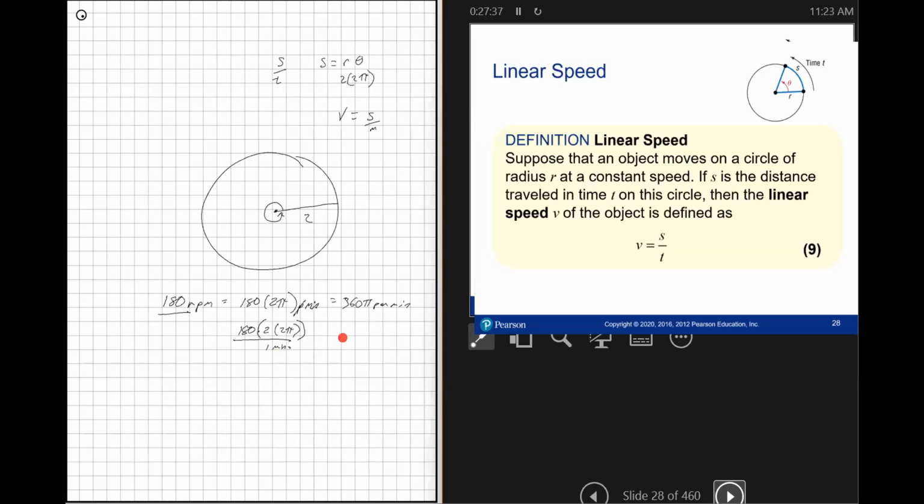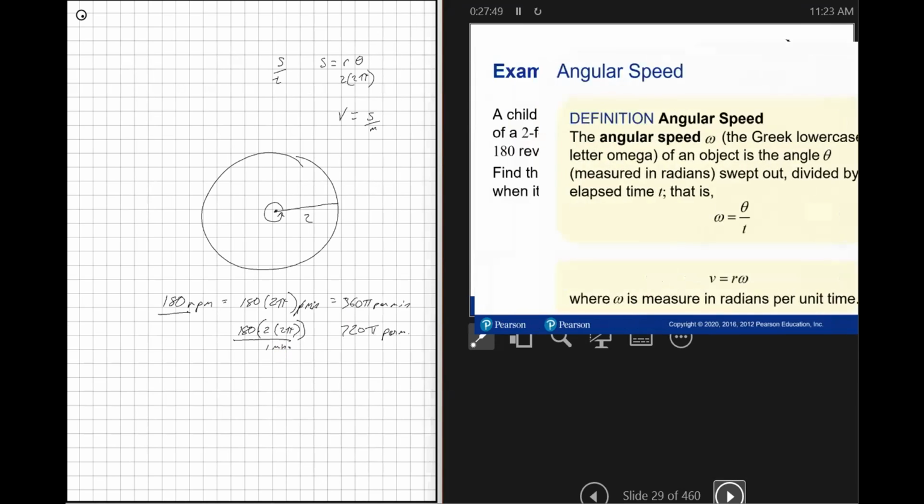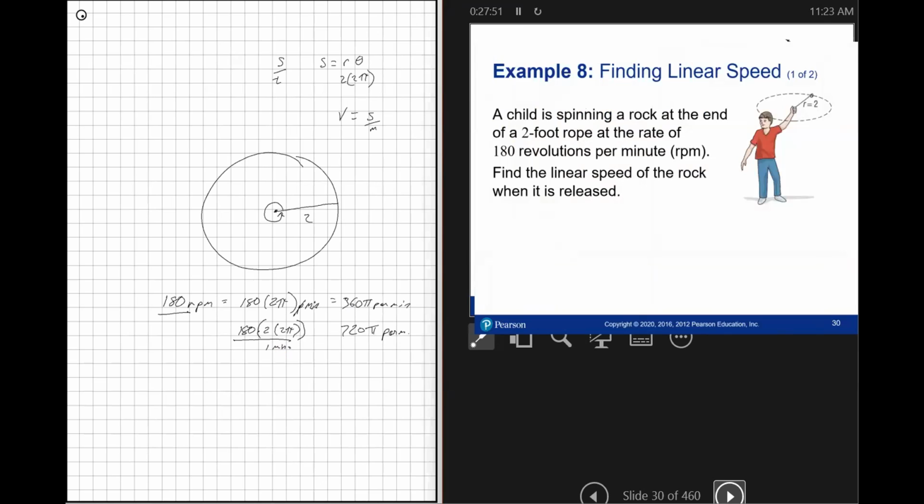So that gives us 720 pi per minute. What are they asking for? Linear speed. Okay. And so you do 720 times pi, and you punch that in the calculator.